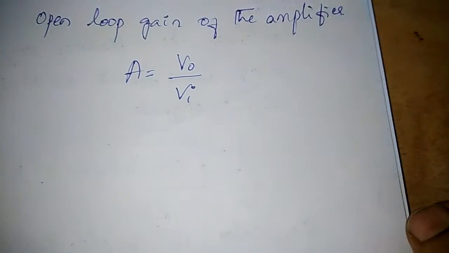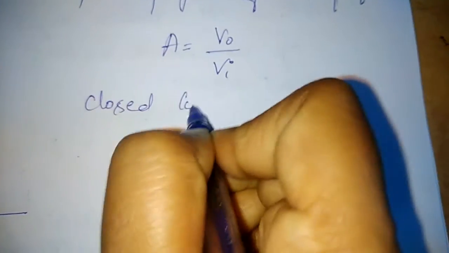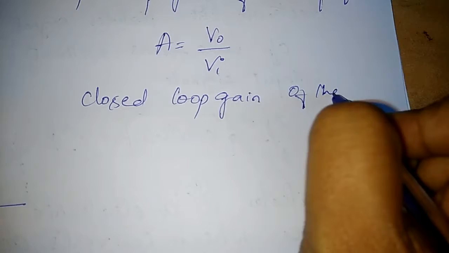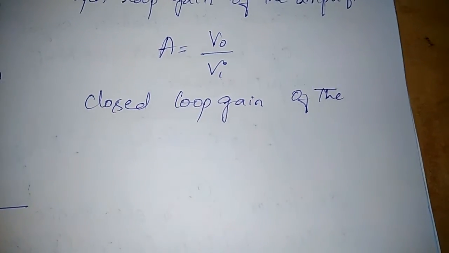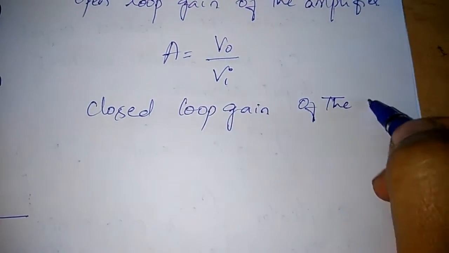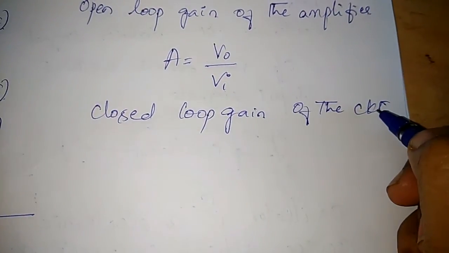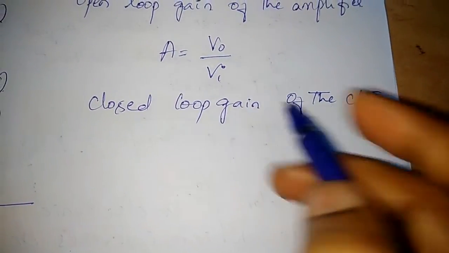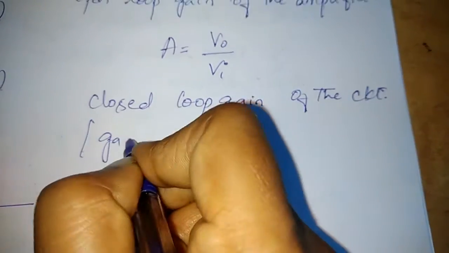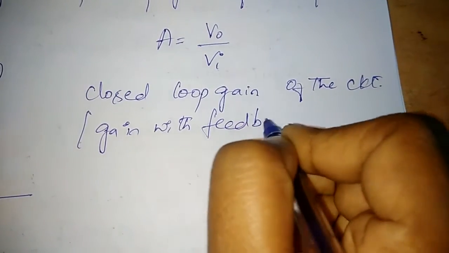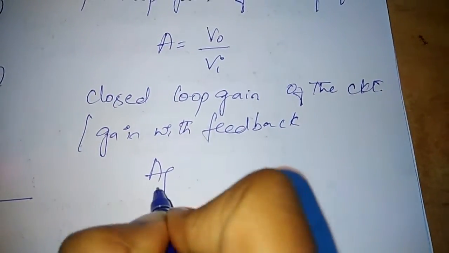Now if I consider the closed loop gain of the circuit, or gain with the feedback, this complete circuit, I say circuit rather than amplifier, otherwise you will get confused. The gain with the feedback is given by Af.